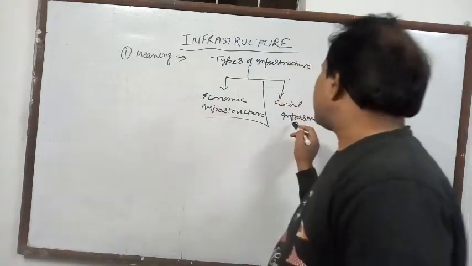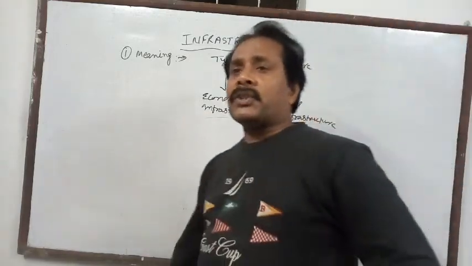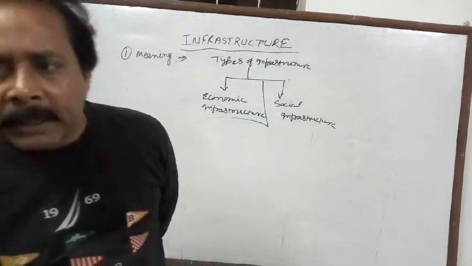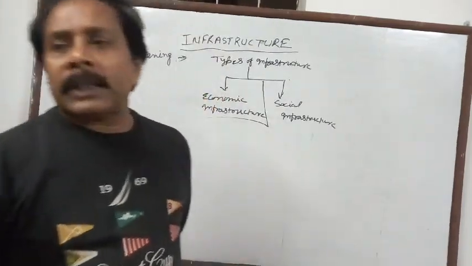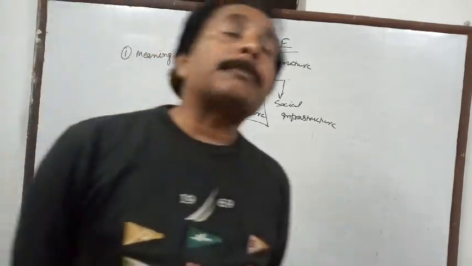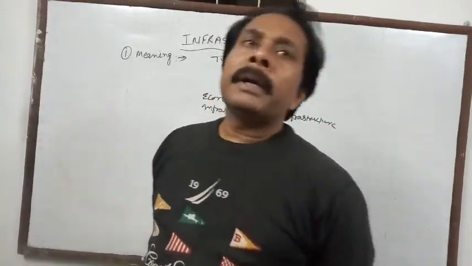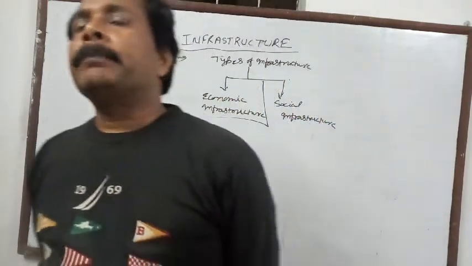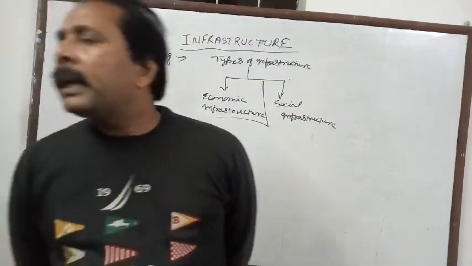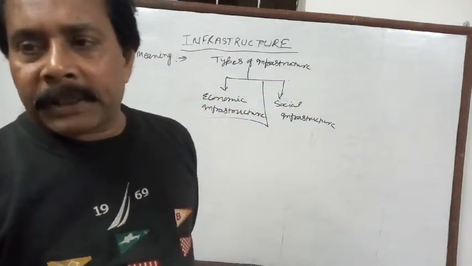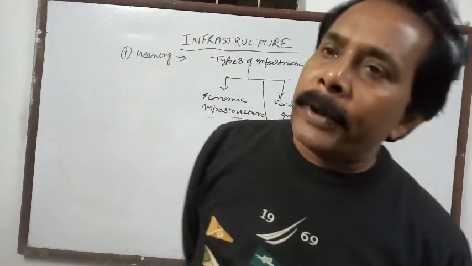On the other hand, that is the social infrastructure. So social infrastructure includes the aspects of the economic system which provide support to the process of social development. Here we can take some examples of health and education. So health and education help indirectly in the production process or economic welfare.